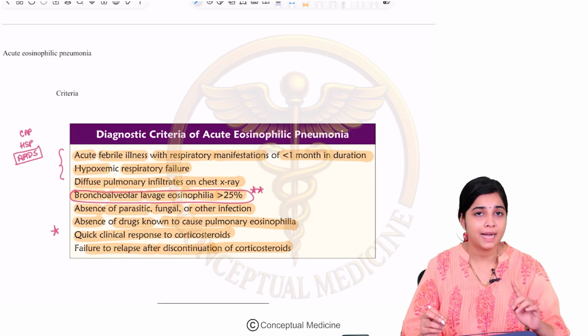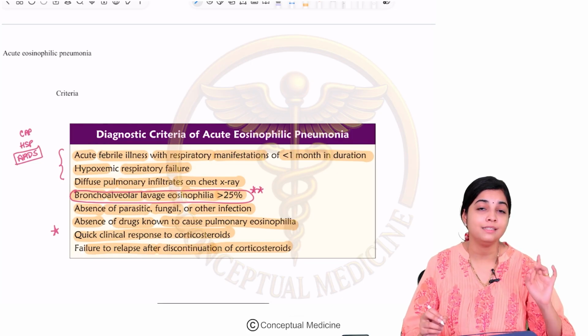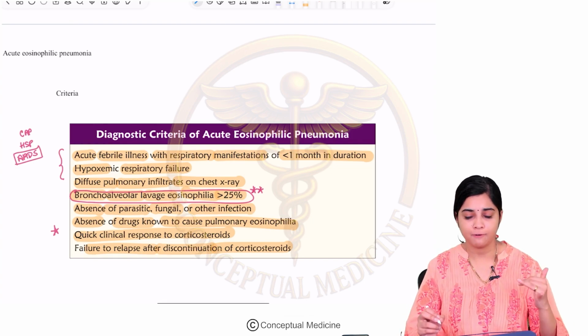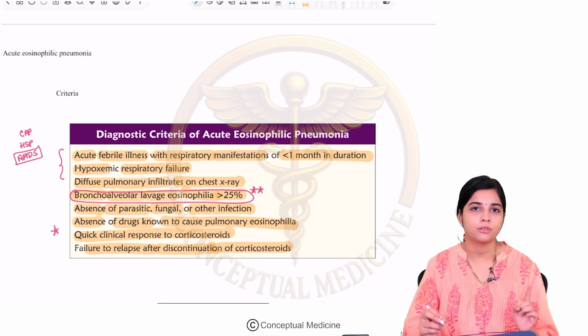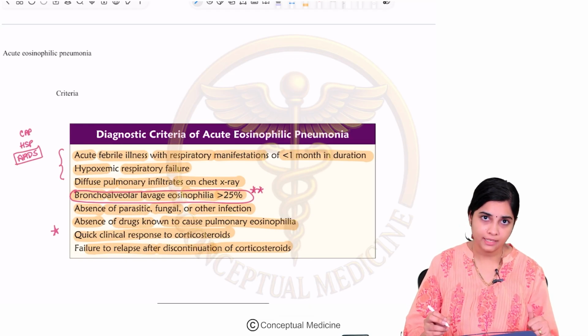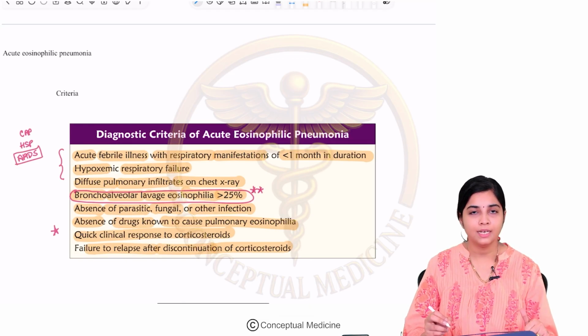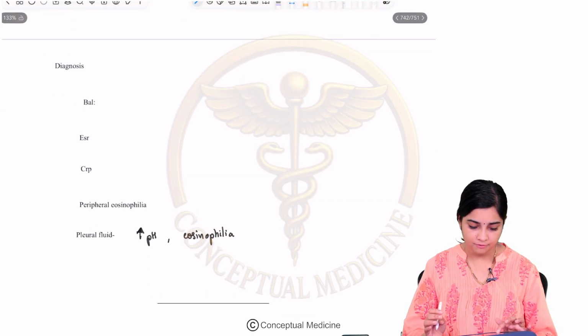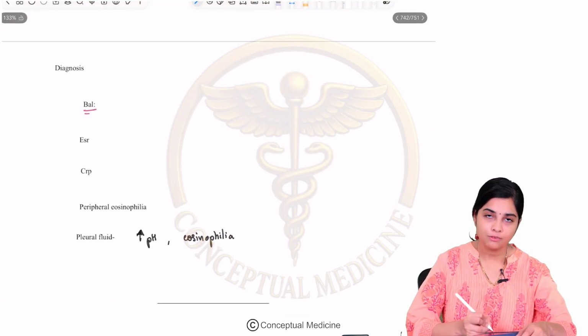We had learnt about BAL lymphocytosis, BAL CD4 to CD8 ratio less than 1, that is in HSP. So if you have to differentiate all of these conditions, the final diagnosis would be by a bronchoalveolar lavage. So bronchoalveolar lavage eosinophilia more than 25%. And they have an extremely good response to steroids and they do not have many relapses.